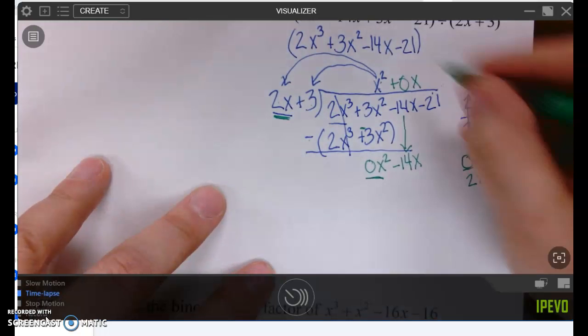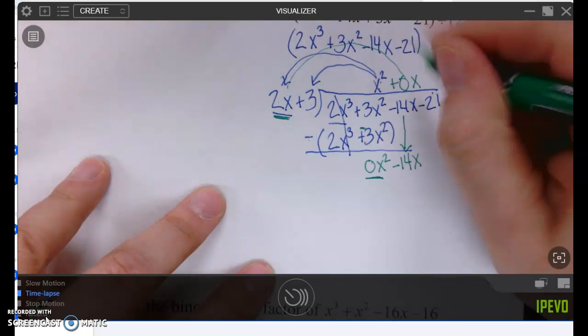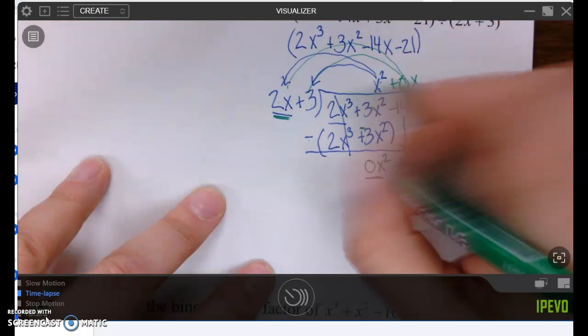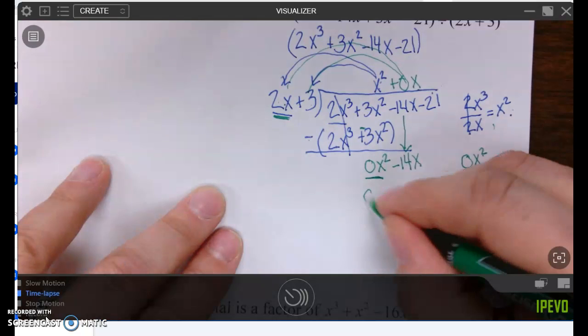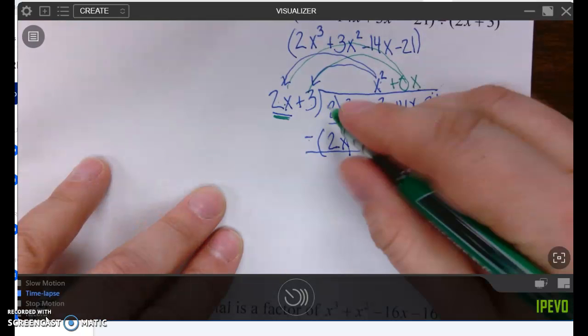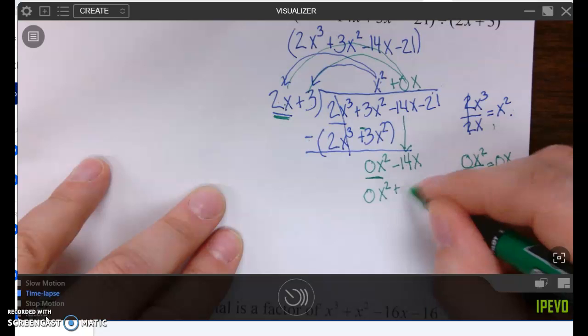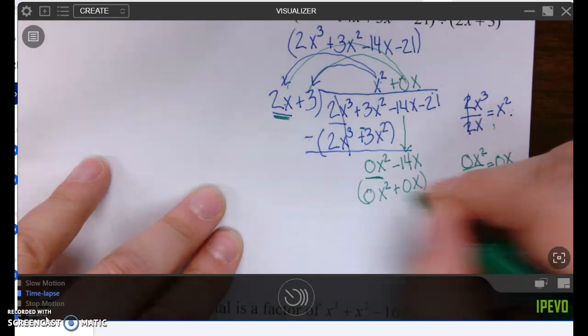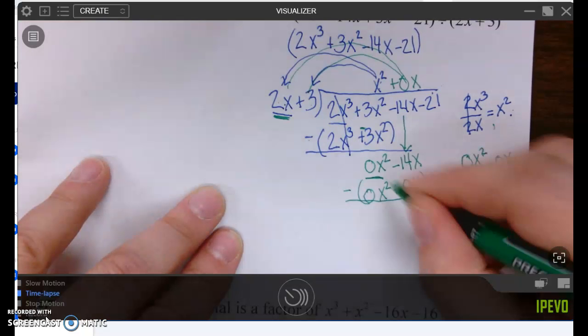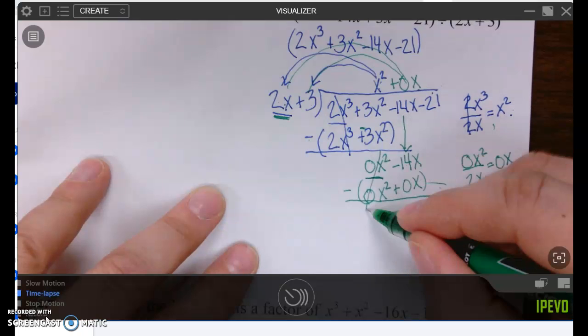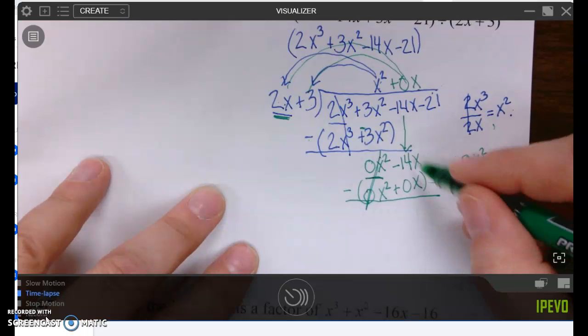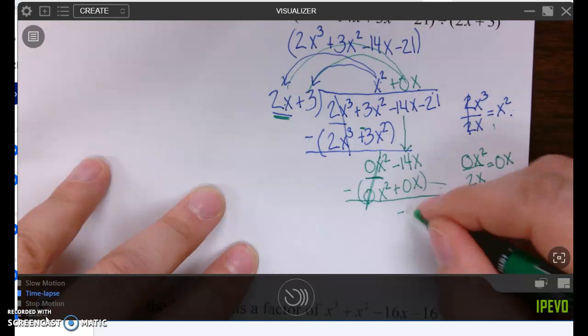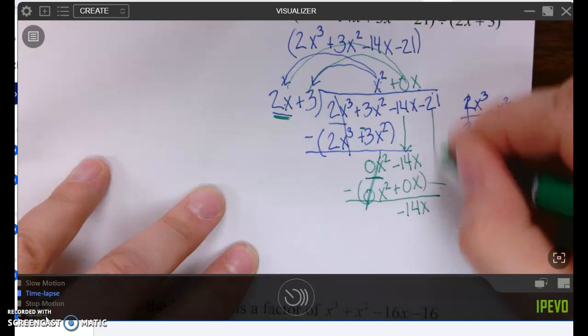So we divide, then we multiply to both terms. So 0x times 2x is 0x squared, and 0x times 3 is 0x. 0 times anything is 0. And then we subtract. The first terms always cancel. Negative 14x minus 0x is just negative 14x. And then we bring it down if we can.